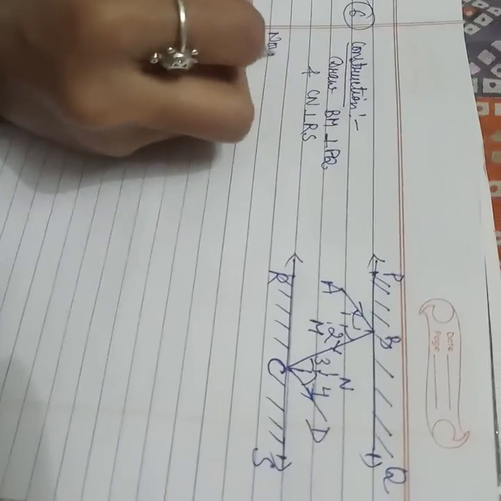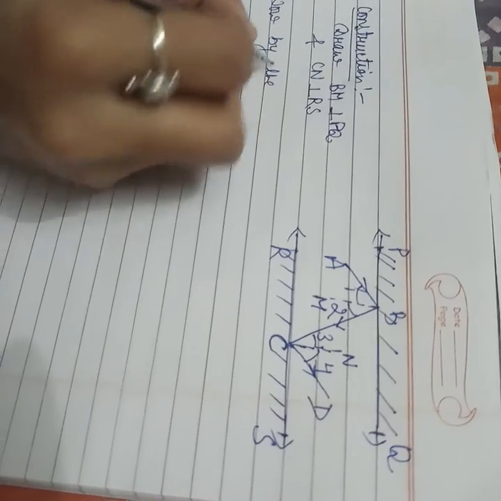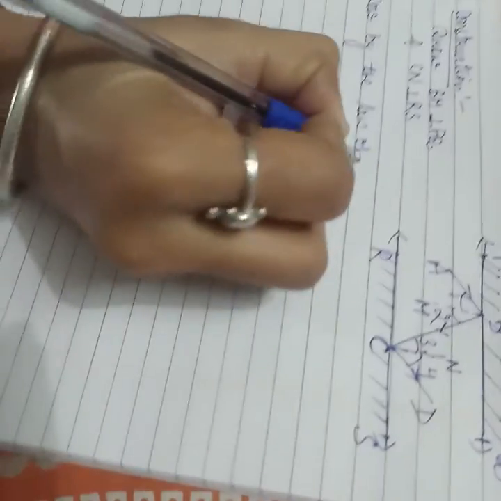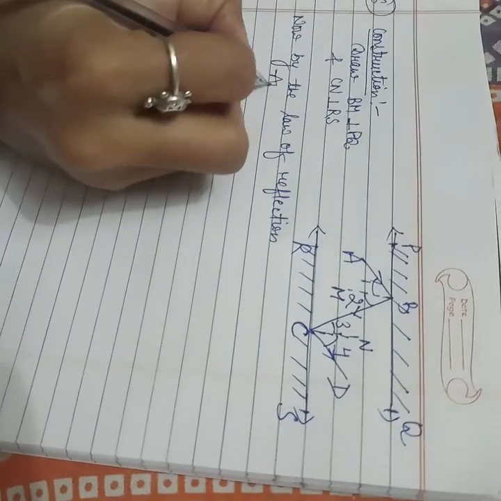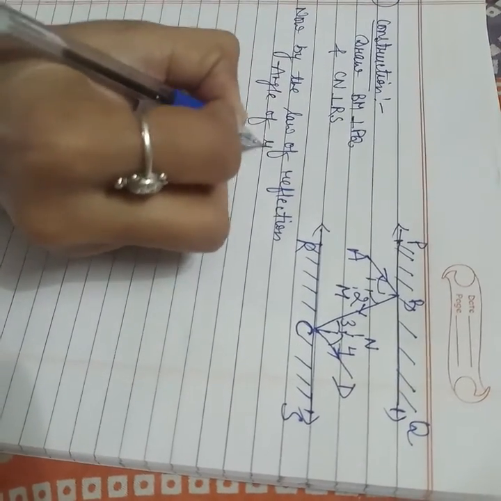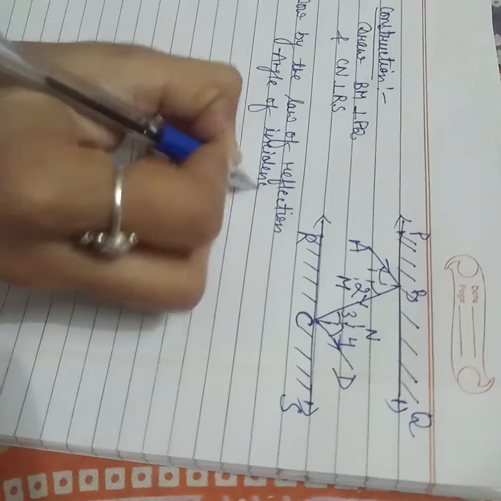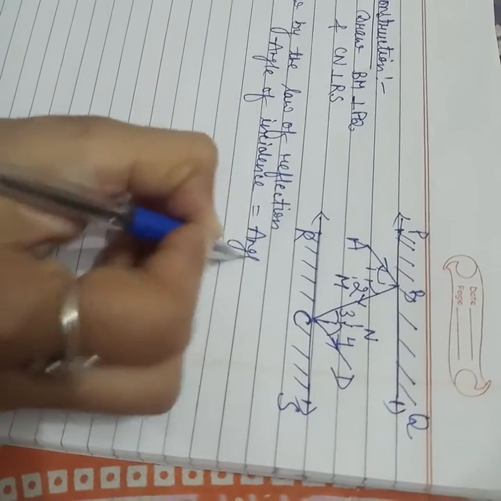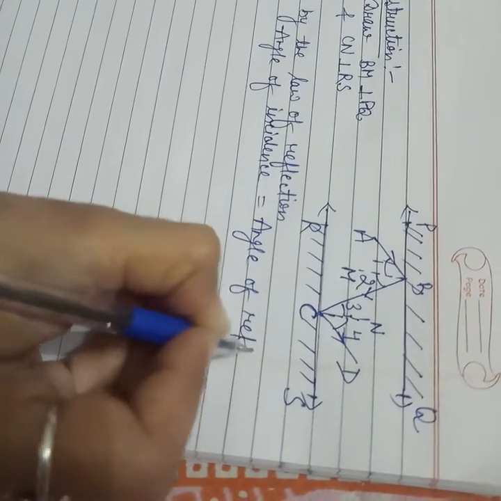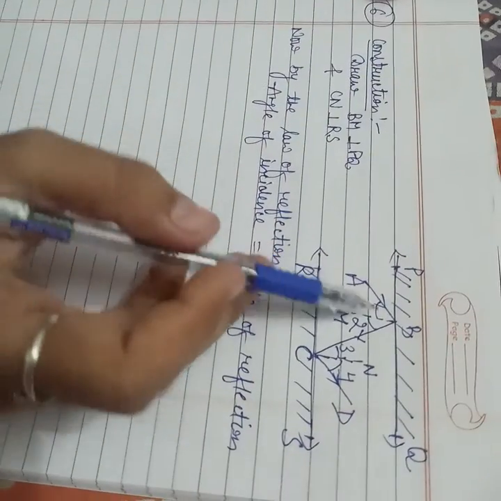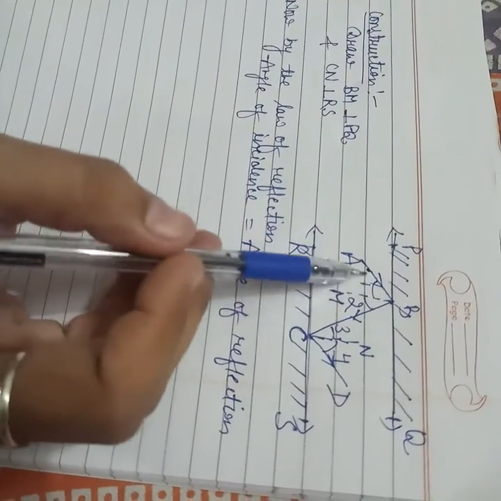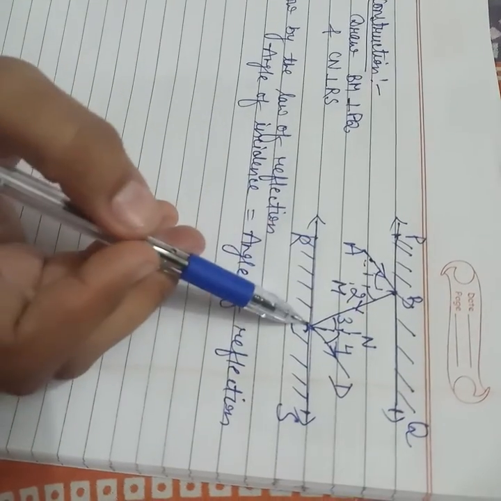Now by the law of reflection, angle of incidence equals angle of reflection. The incident ray is AB and the reflected ray is BC.